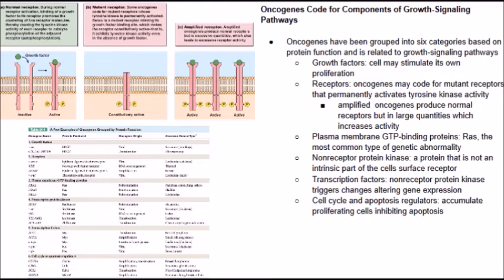B is the mutant receptors that have permanently active tyrosine kinase. The growth factor is missing, which makes this receptor constantly active. And C is illustrating amplified oncogenes producing endless normal receptors. This leads to excessive receptor activity.